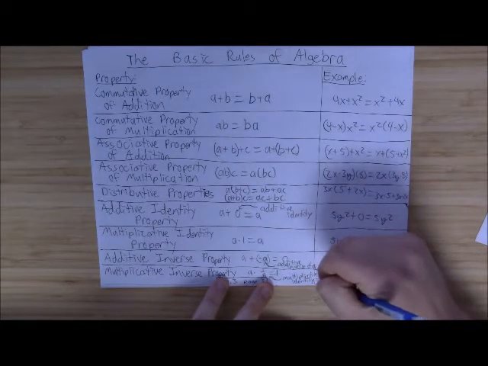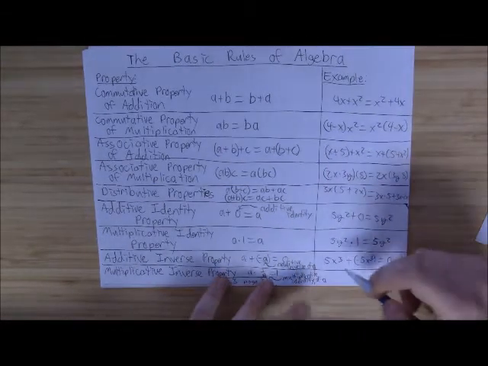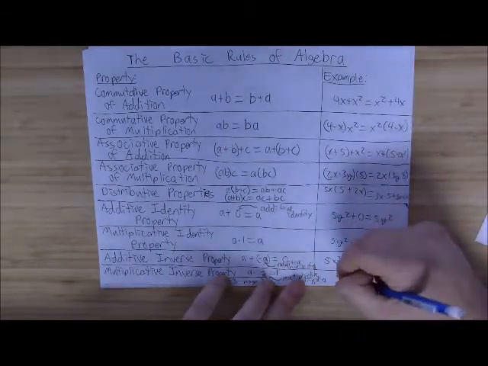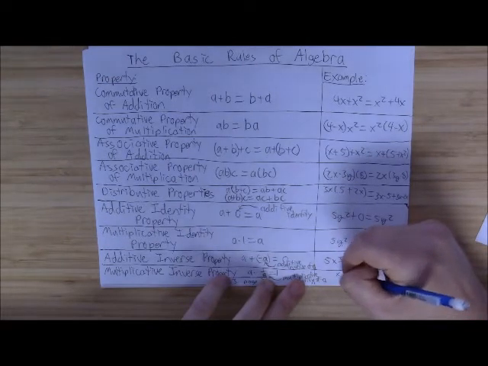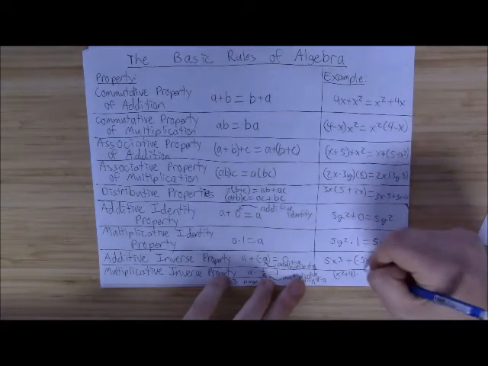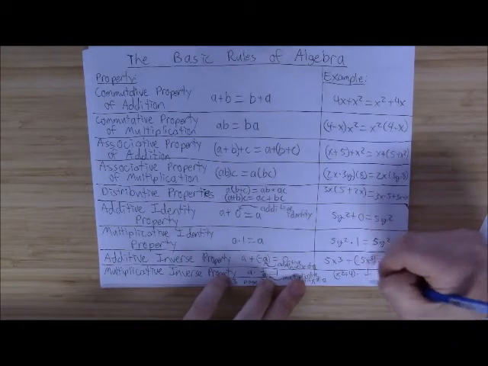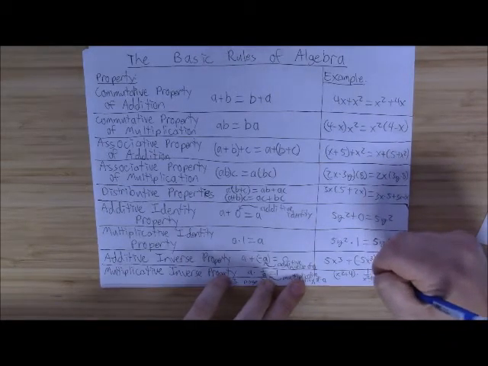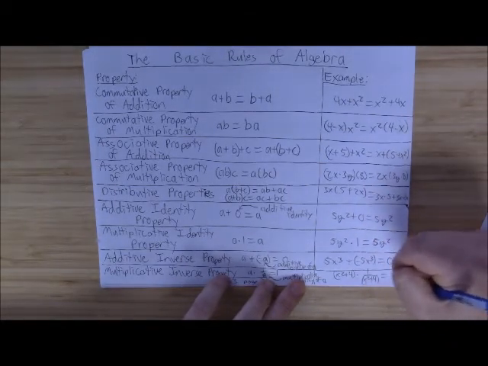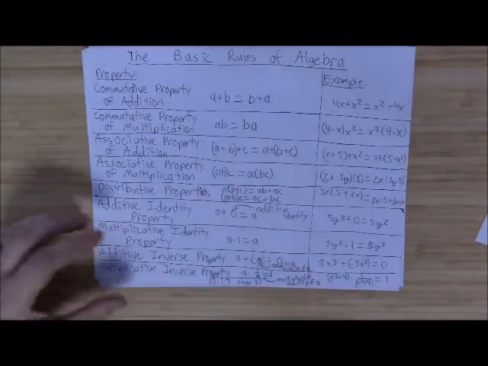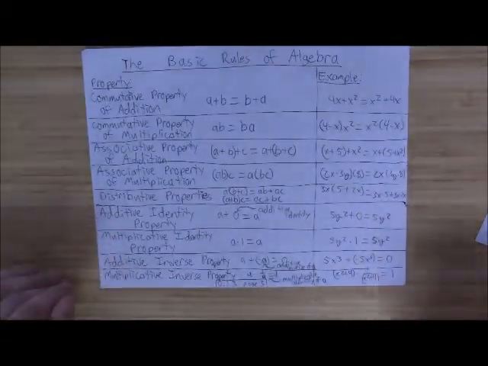You could do this with all sorts of things. So if I had x squared plus 4 and I multiply by 1 over x squared plus 4, I would get 1. Okay? So these work with all algebraic expressions.